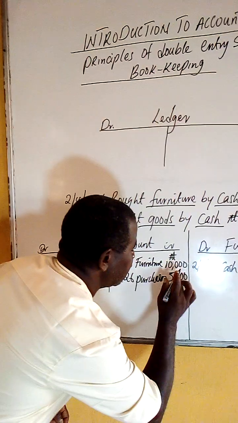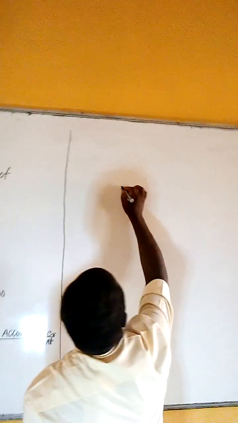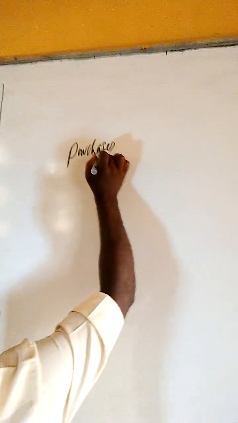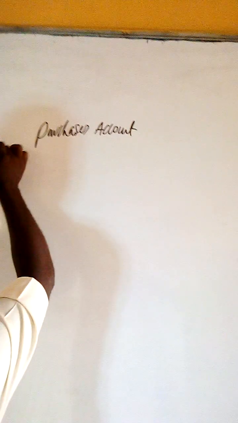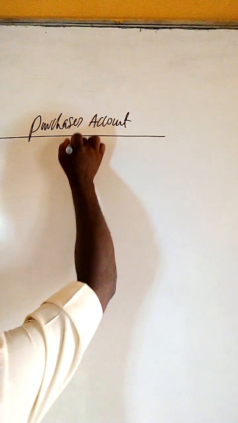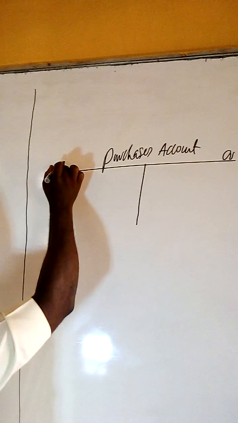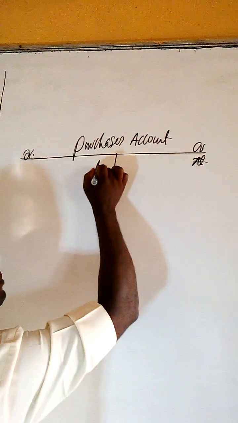5,000 naira. Then you now go and open purchases account. You come and open your purchases account, and then I say this is purchases account. In the purchases account, also you have your debit and credit. Make sure you put your naira sign because accounting is majorly in monetary terms.